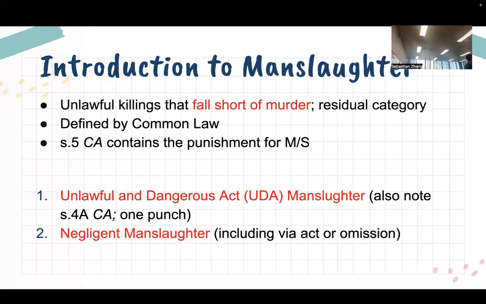The Crimes Act, just like murder, sets out the punishment for manslaughter. The two types: unlawful and dangerous act, UDA, and negligent manslaughter by act or omission. So in the exam, you want to discuss all these three things.